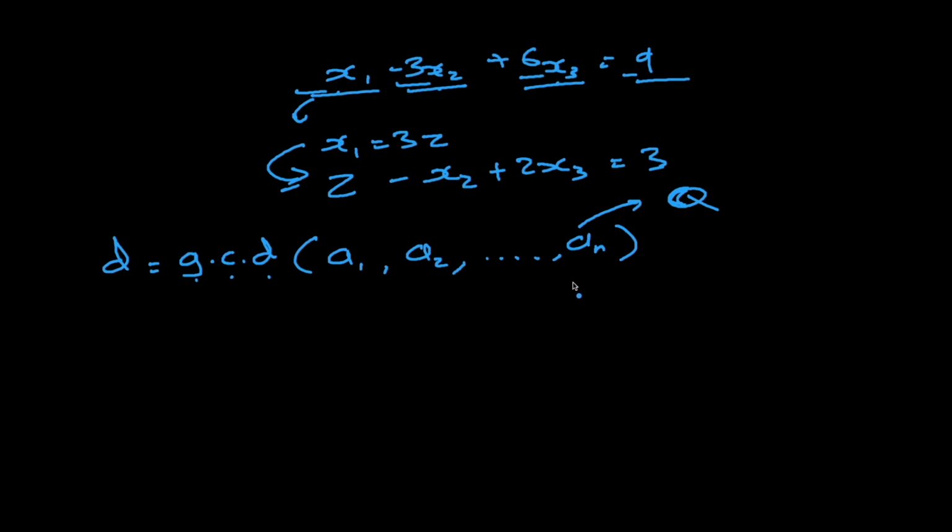And how do we define GCD? Each individual ai by d should be an integer, right? So we want to find the greatest common divisor so that this happens for all i, right?